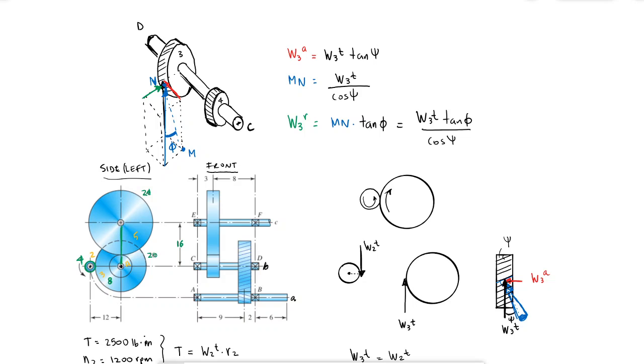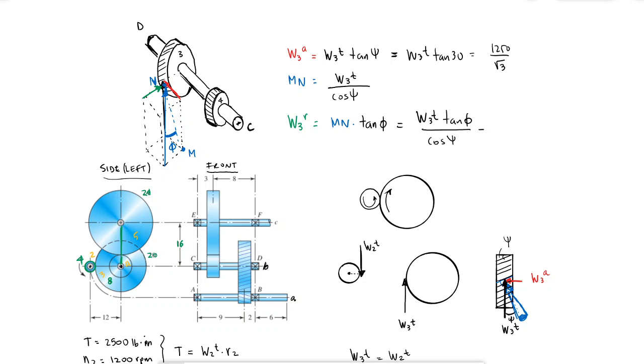Right? I'm going to give some values to this. The axial one would just be W3T tangential tangent of 30 in my 30, 60 special triangle. This is 1, this is 2, the square root of 3. So this is just going to be 1250, and tangent of 30 would be 1 over square root of 3.